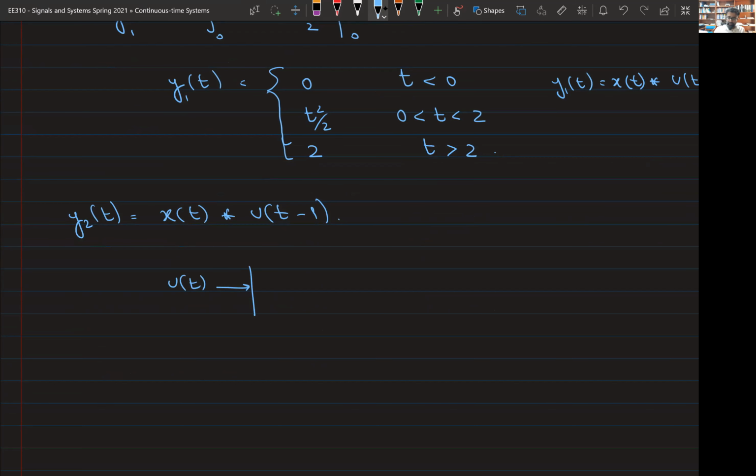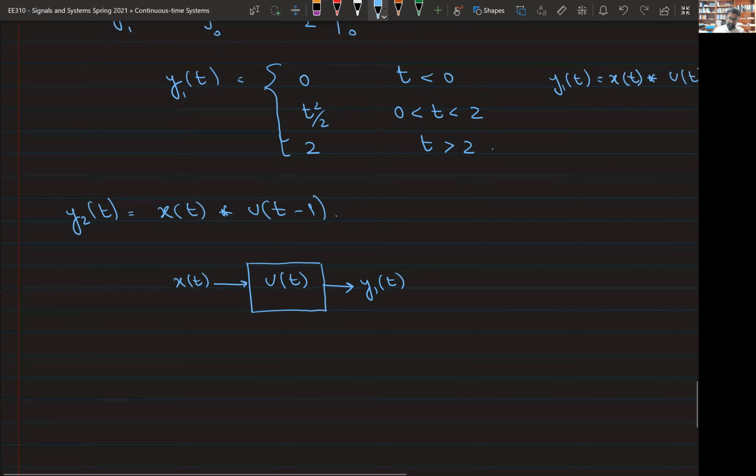Okay, Masna, can you unmute yourself? Yes, sir. Yes, go ahead. Sir, we will shift the lower limits by 1, because u of t starts from 0, and u of t minus 1 starts from 1. So all the lower limits move up by 1, because the function is starting from 1. Right. So I guess that's time invariance. Time invariance, excellent. But with time invariance, not just the limits shift, the entire signal shifts. Yes, sir.